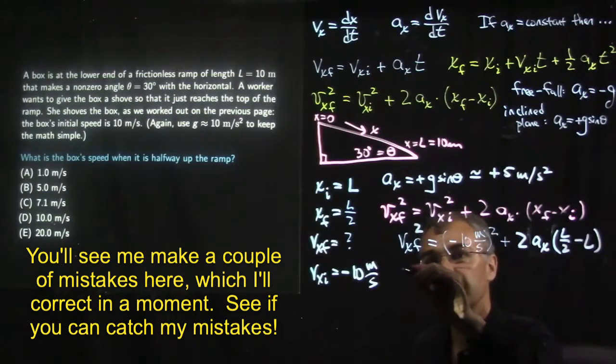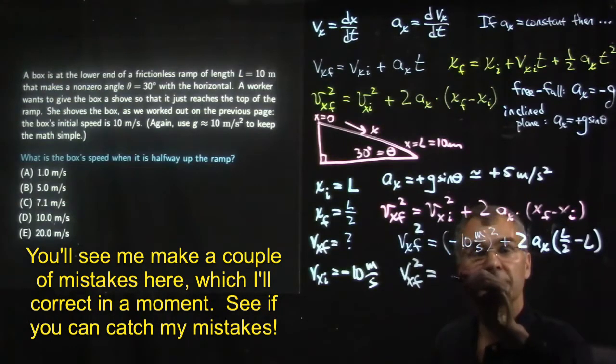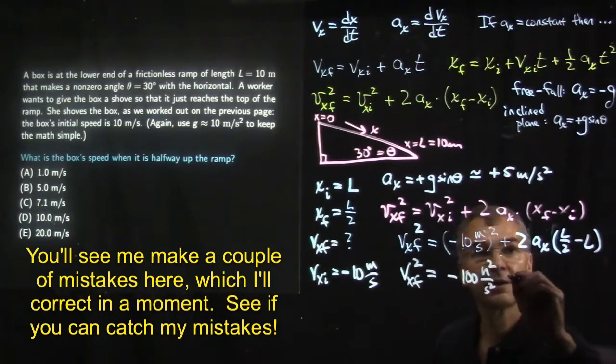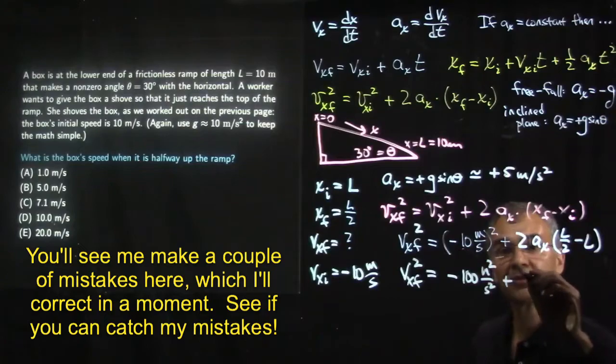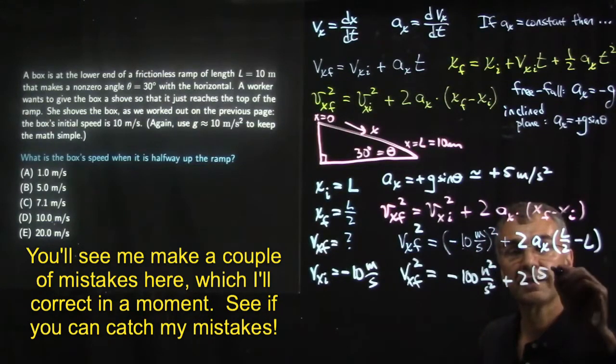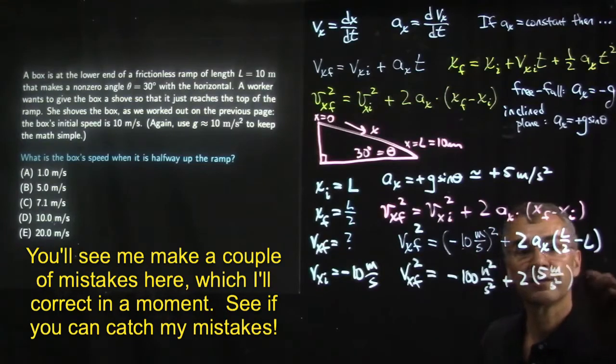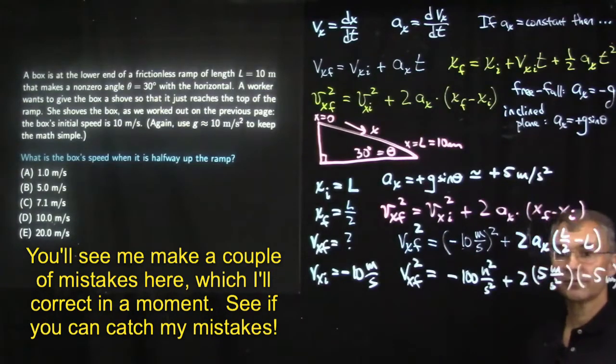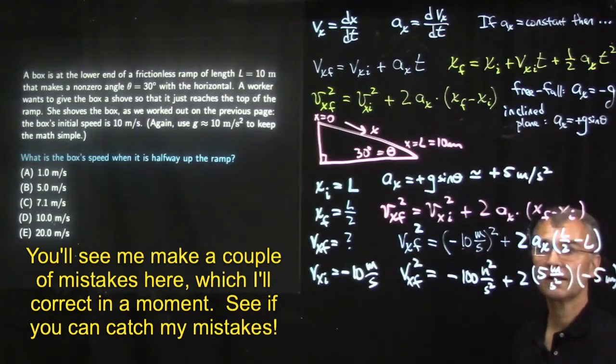So Vx final squared is minus 100 meters squared per second squared. And then here's plus 2. Here's 5 meters per second squared. And then this L over 2 minus L is minus 5 meters. There we go. So we have meters squared per second squared, meters squared per second squared. 5 times 2 is 10, times 5 is 50, with a minus sign.